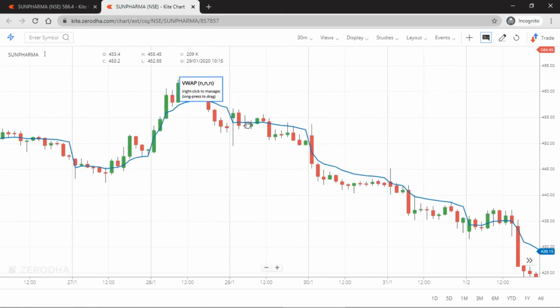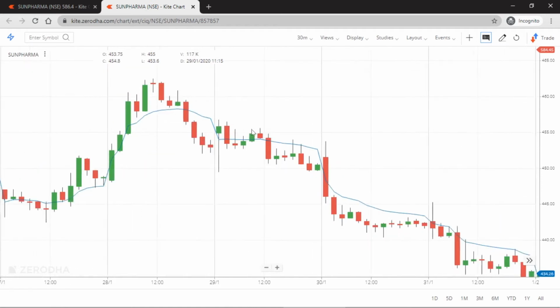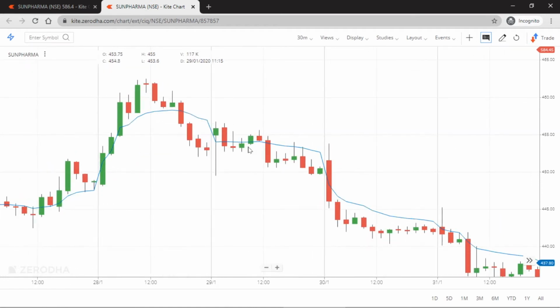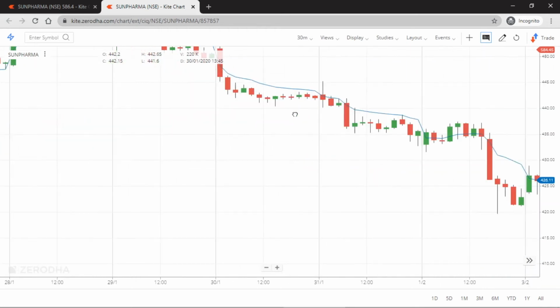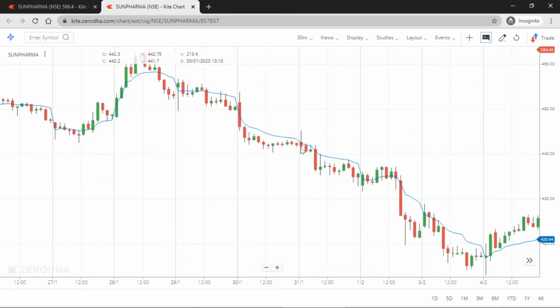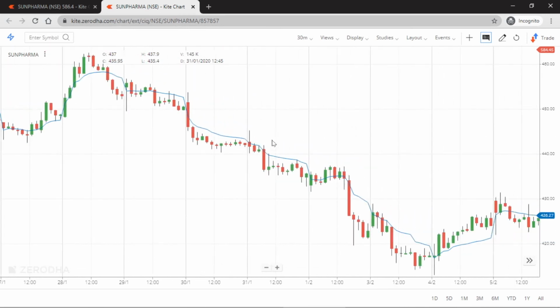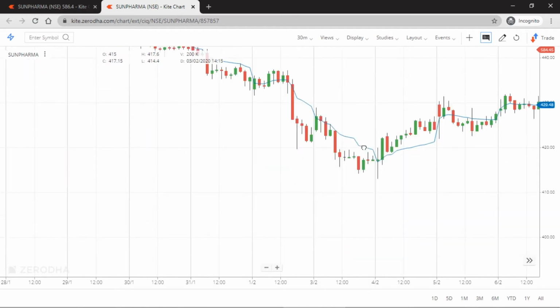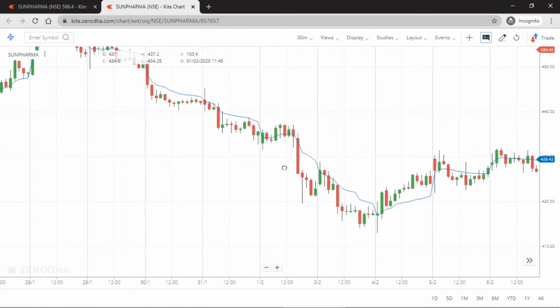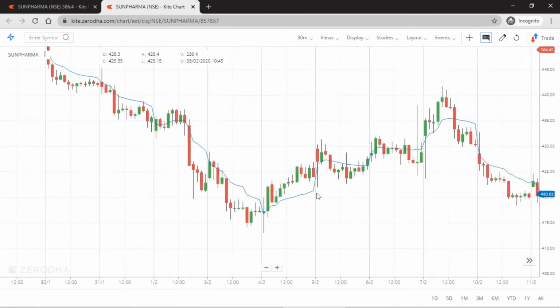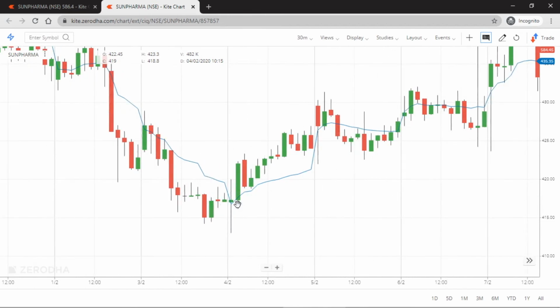So on this day, first it was a flat trend. It has closed above and below for some time, and then from this candle it has closed below the VWAP line and it has given a clear downtrend from here, from this day to this day actually. But on this day it is again in a flat direction for some time, and from here it has again reversed.